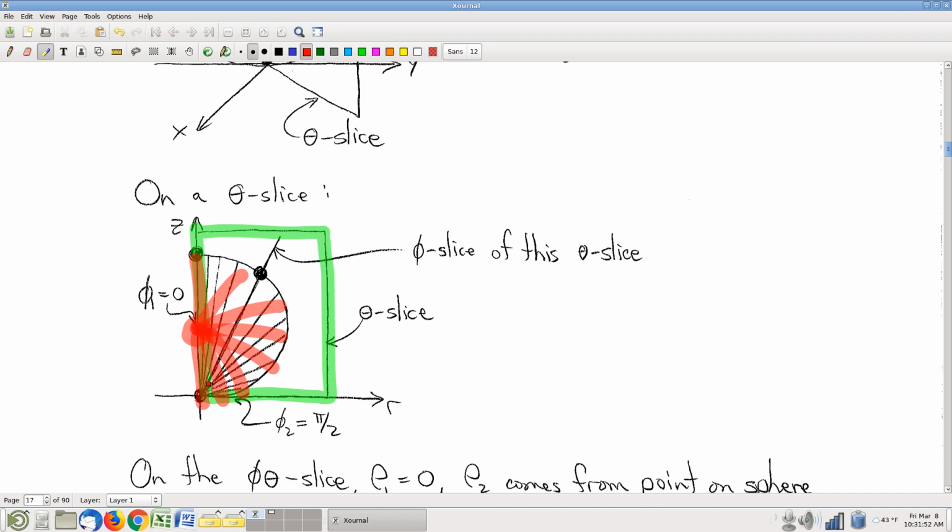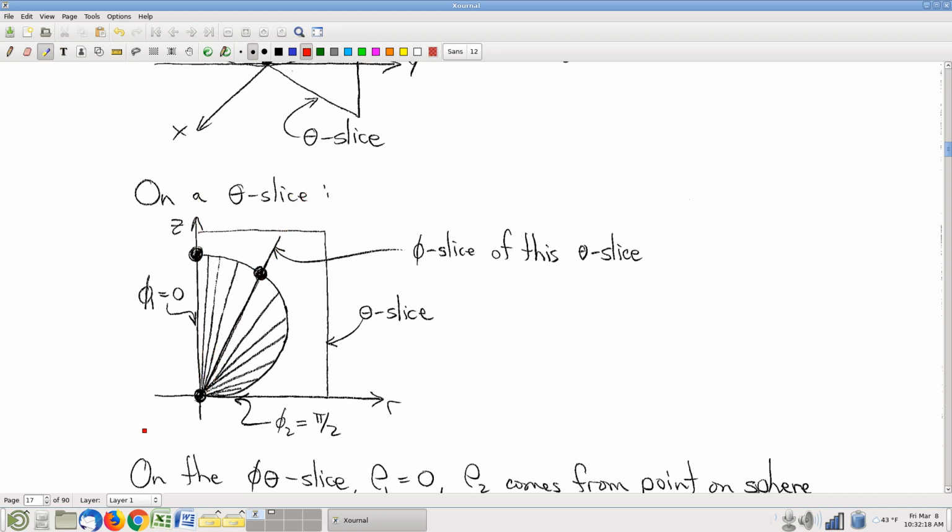A lot of students will say 0 to pi for phi. And it's wrong because phi is not measured from that point. You can't just say, there's a round thing in my problem, and therefore I decree that is the origin. We just can't do that. So all angles are measured off of the z-axis from the origin.